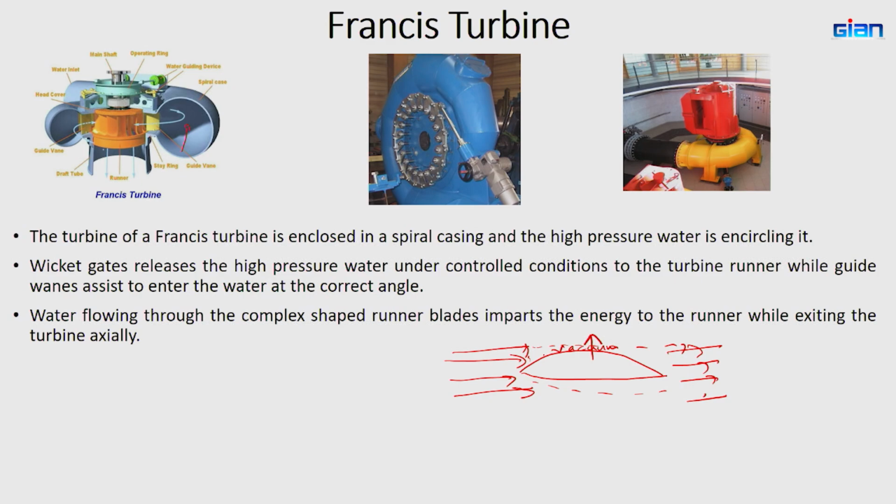The Francis turbine is enclosed in a spiral casing and high pressure water encircles it. Wicket gates release the high pressure water under controlled conditions to the turbine runner, while the guide vanes assist in entering the water at the correct angle. Water flowing through the complex shaped runner blades imparts energy to the runner while exiting the turbine axially. Finally, the water goes down from the middle to the tail race.